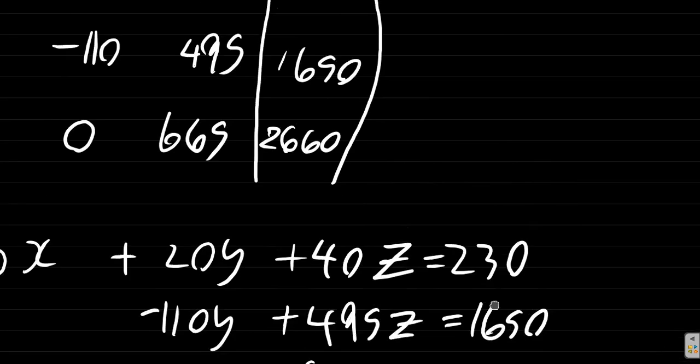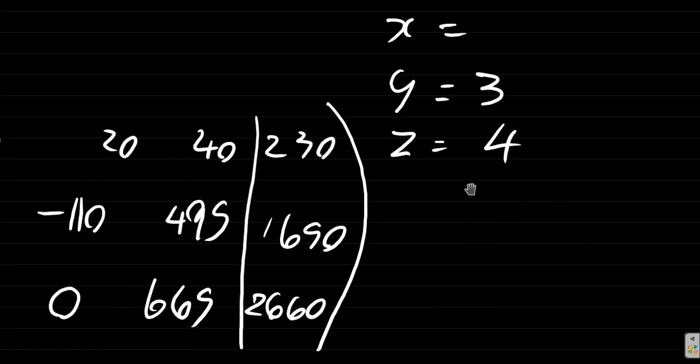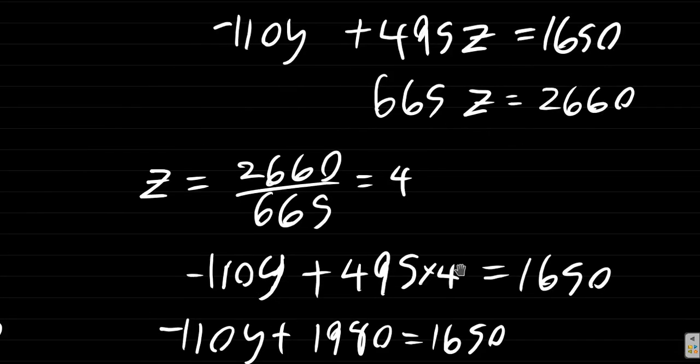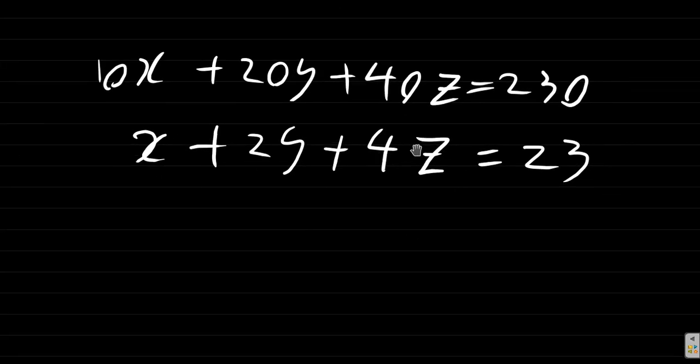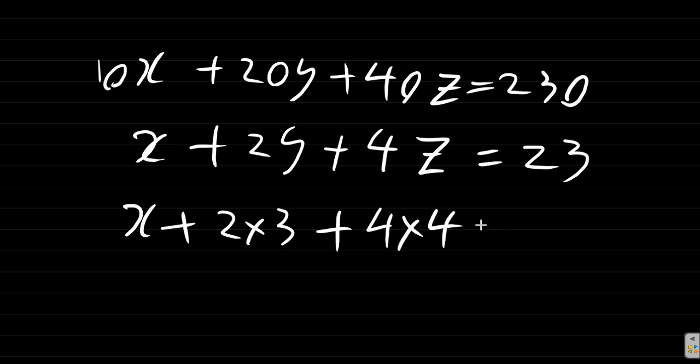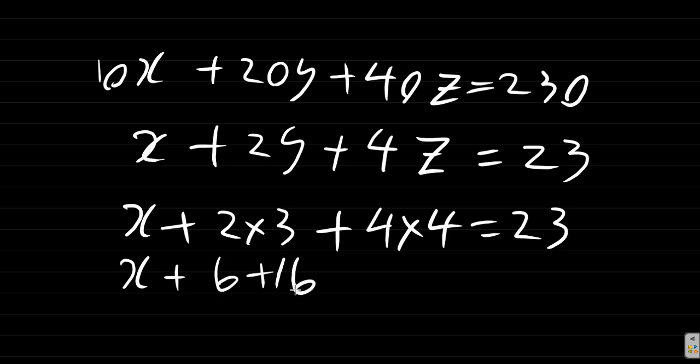So y is 3, z is 4. So x plus 2 times 3 plus 4 times 4 equal 23. So x plus 6 plus 16 equal 23. 16 and 6 is what? 22.